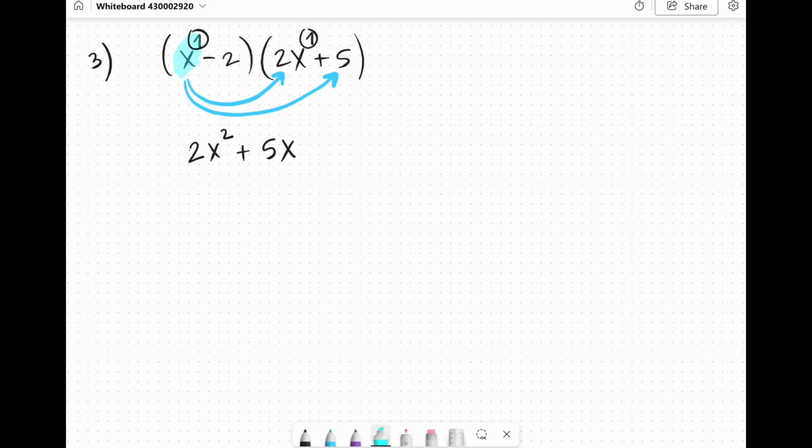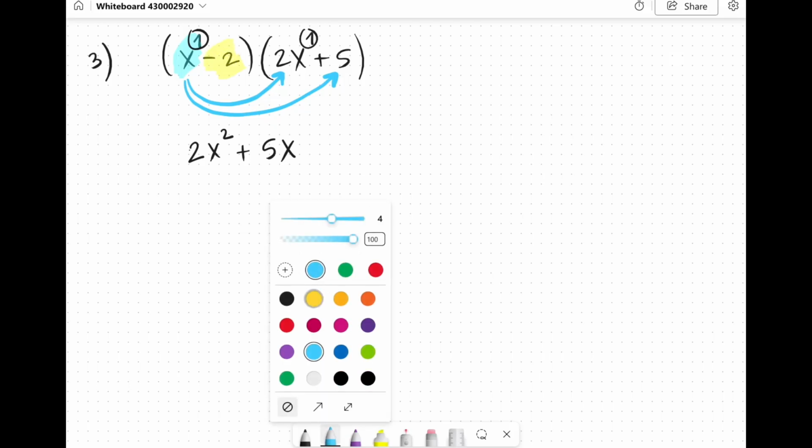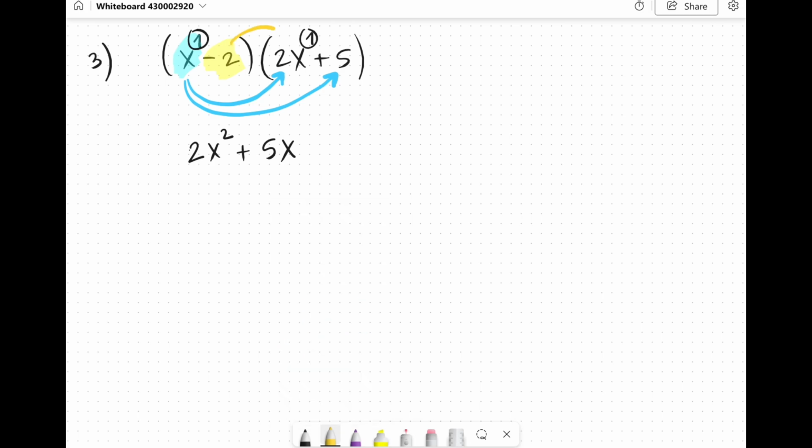Now we will repeat this work, but the distributing will be done by this negative 2. So I will distribute a negative 2 and multiply it first by positive 2x. So that's a negative 4x. And then going back to the negative 2, I'll multiply it by this positive 5, and that's a negative 10.